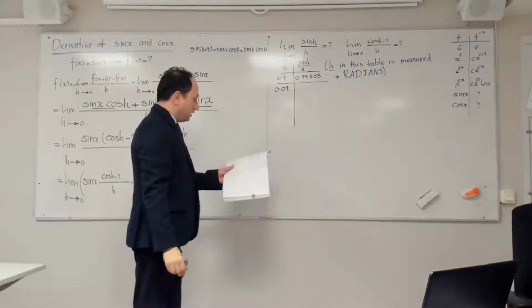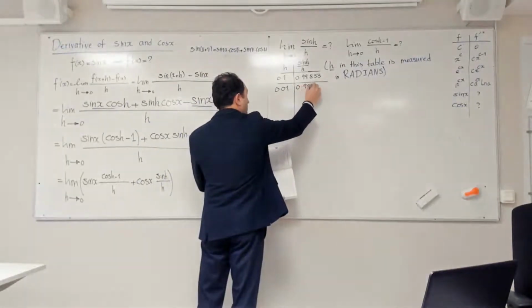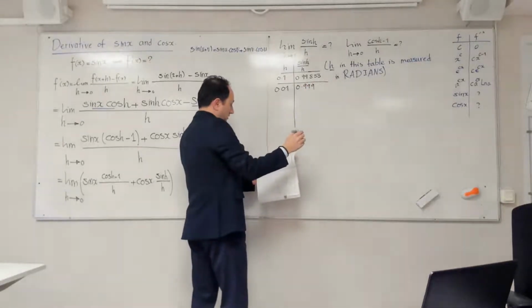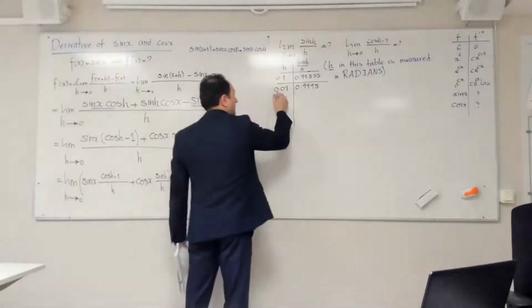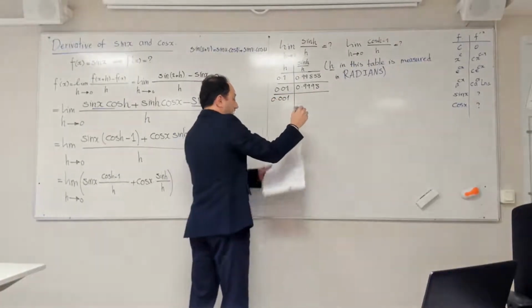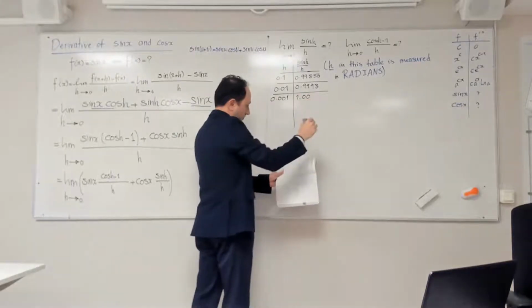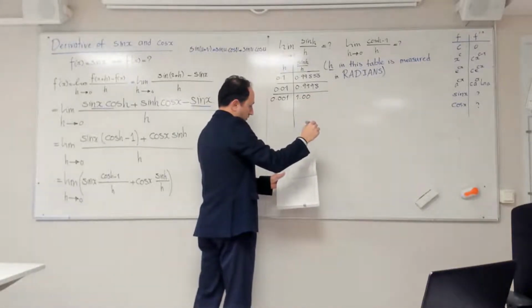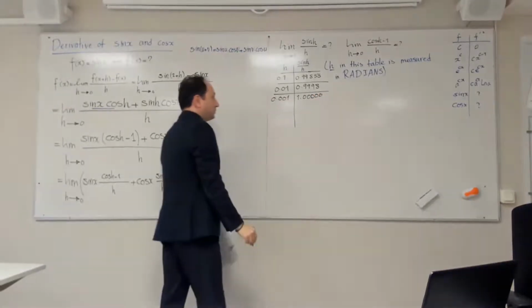If you do this again in the radian mode, you will get this number, 0.99998. And then if you do 0.01 in the radian mode again, you will get 1.00, I think 5 zeros, if I can read it properly.